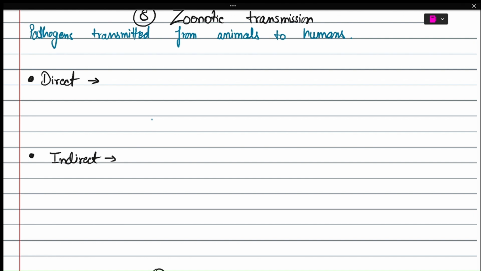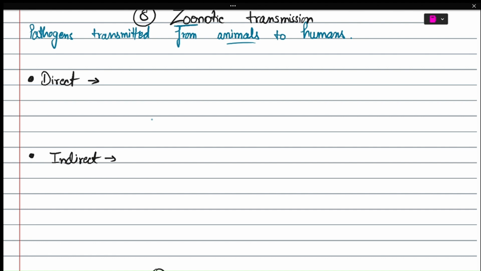Now, you can remember this from zoo, that a zoo contains animals, right? So animals can also be a route of transmission to humans, from where pathogens can come in contact with humans. It is again of two types, direct and indirect.